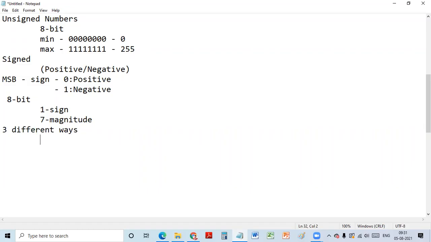One format is sign magnitude form, and the other two, can anybody say? One's complement form and 2's complement notation.